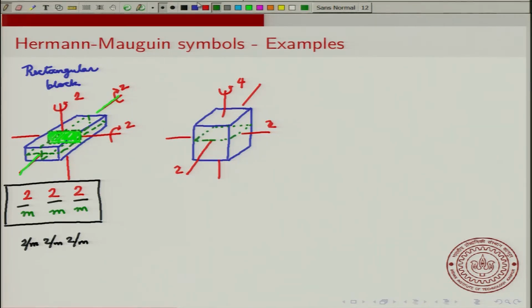So let me write. You have a 4, you have a 2, and you have a 2. And we definitely have a mirror that is perpendicular to this four-fold axis. So then I will have a 4, let me put a slash and an m.